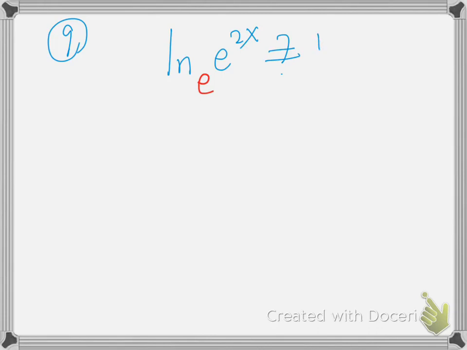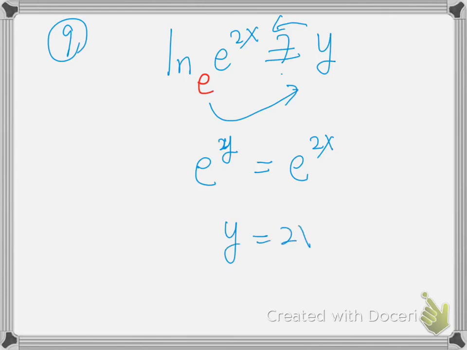Let's use a new letter y here. Counterclockwise, e to the y's power is e to the 2x. So compare the exponent in the log form, you get y is 2x. So the answer, ln e to the 2x power, is 2x.